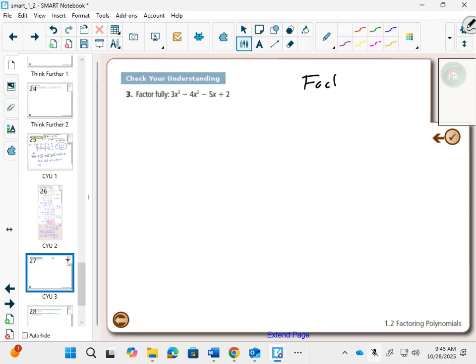I'm going to write out some steps here because they're sometimes helpful for factoring.